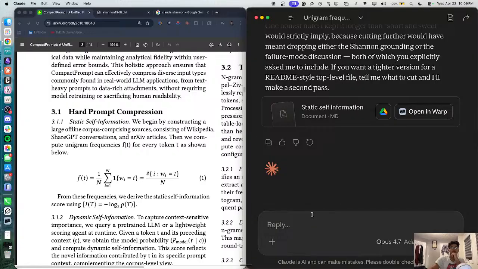Actually, one thing before I move forward, just to clarify, the surprise formula that Claude Shannon has cooked up is not only exclusive to static self-information, but is something that is used in both static and dynamic self-information mechanisms, right?